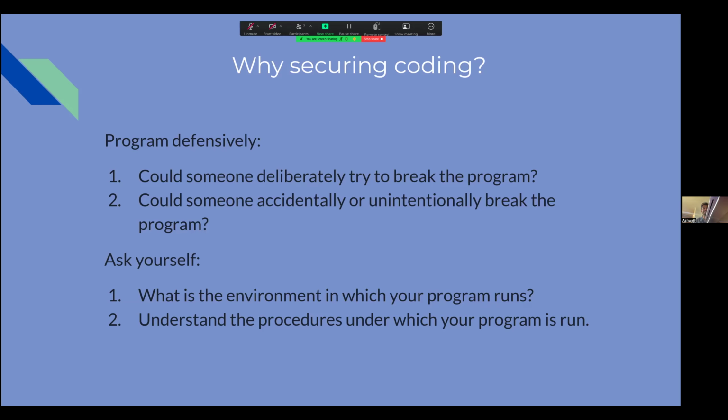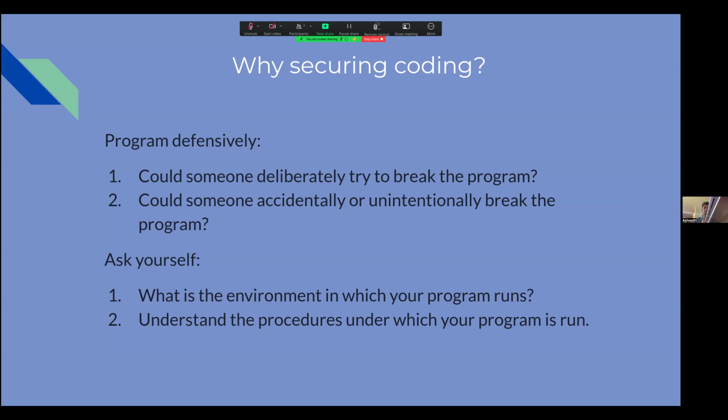So this is another very important consideration: we have to write a program that not only protects us from a deliberate hacker, but also protects us from an accidental or unintentional activity of breaking the system.